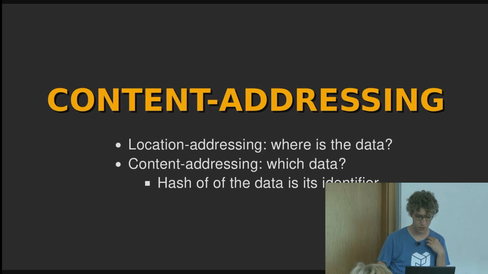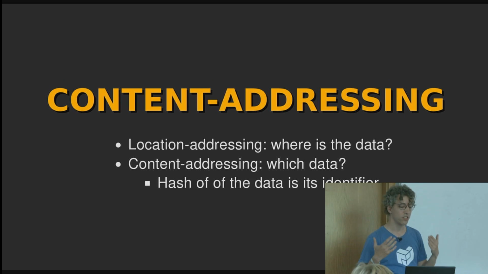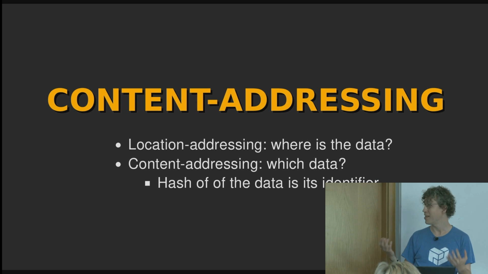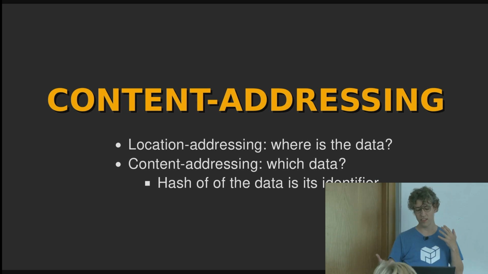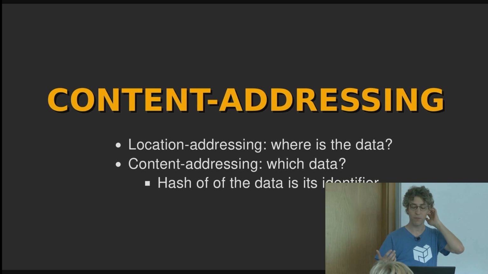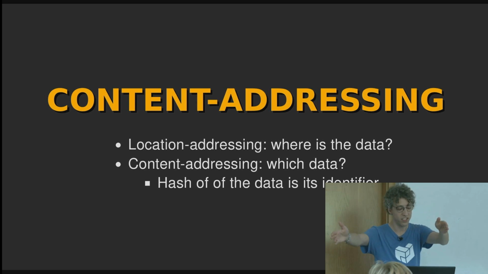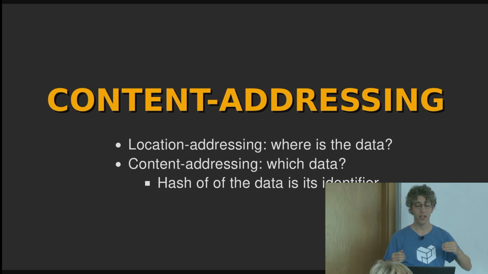So, a core concept of this is content addressing. What does content addressing mean? I start with the opposite, which is location addressing, what you are all used to on the World Wide Web. You say, I go to a server and some URL, and that is where the data is. Content addressing is when you ask for which data you want.